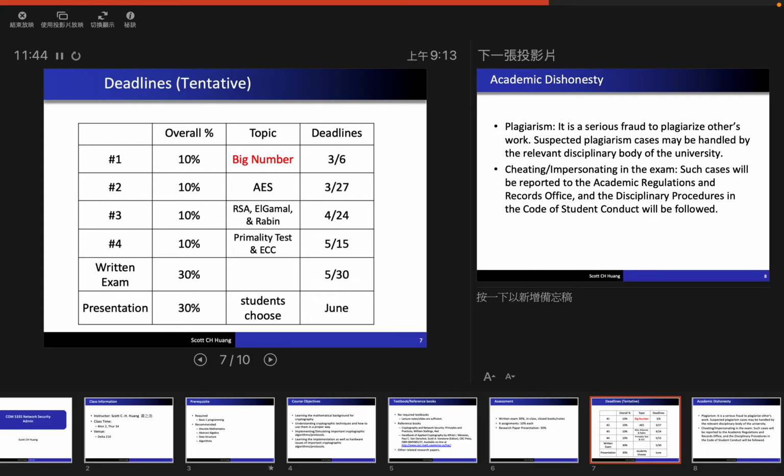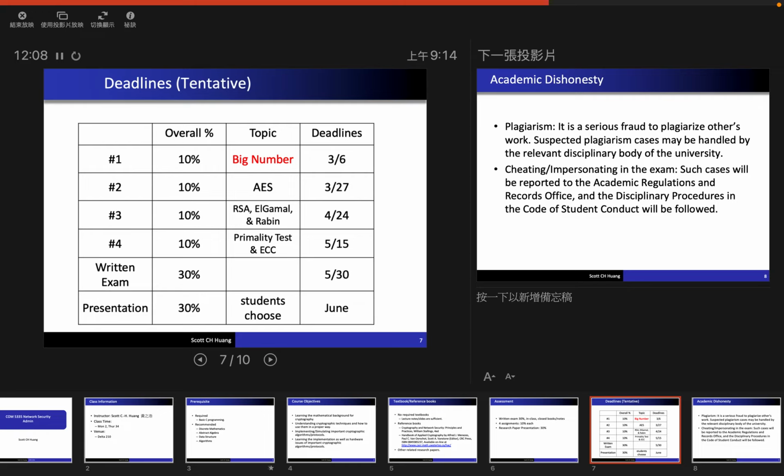Something like 5-6 years ago, I didn't make this assignment 1. So 5 years ago, our assignment 1 would simply be DES or something else similar to that. Then I realized that a lot of students have problems.